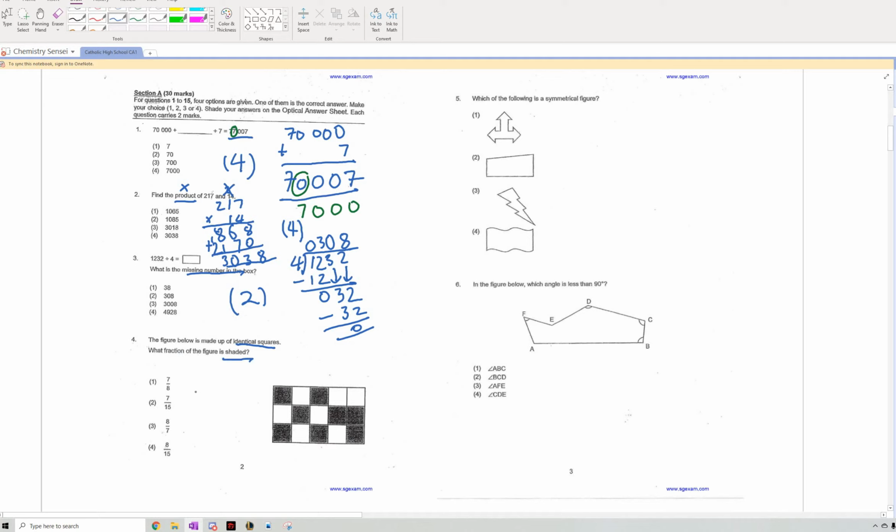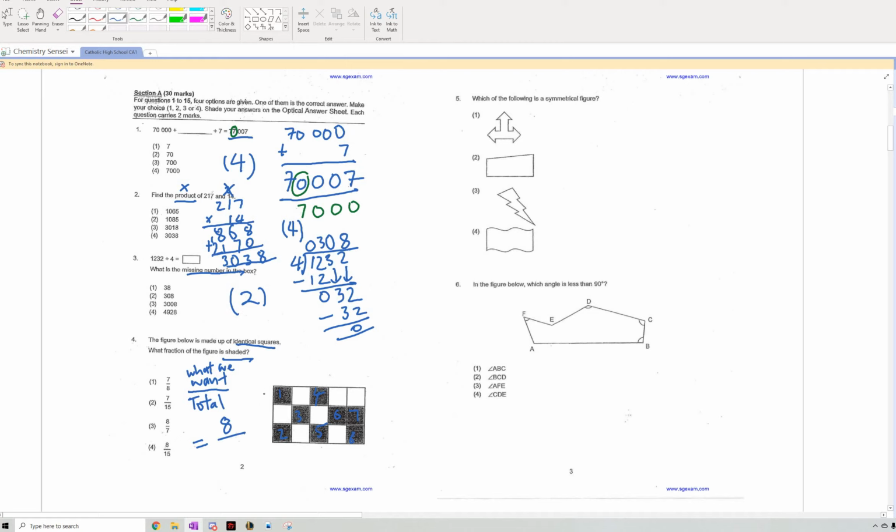And the denominator, the number below, is the total number. So what we want is the shaded boxes. So we have 1 box, 2, 3, 4, 5, 6, 7, 8. So we have 8 shaded boxes.